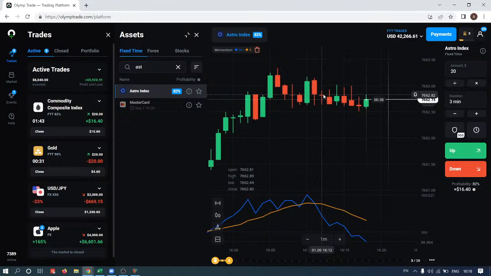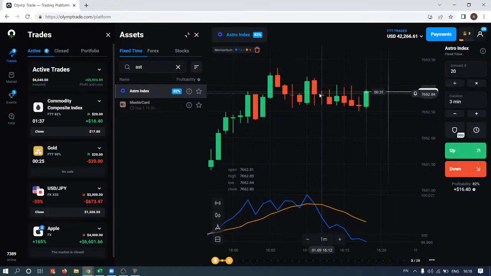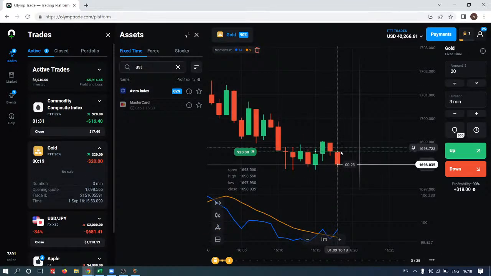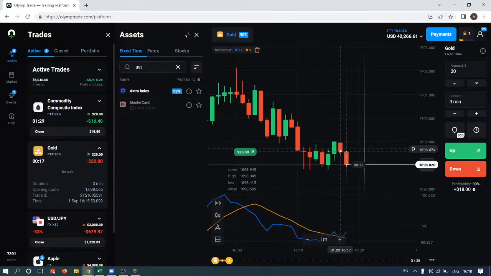The train's already gone, and there is no way of catching it. Don't try to catch a moving train. Wait for a new signal, where you can enter a trade fresh. All right, I think that gold is going to let me down now.